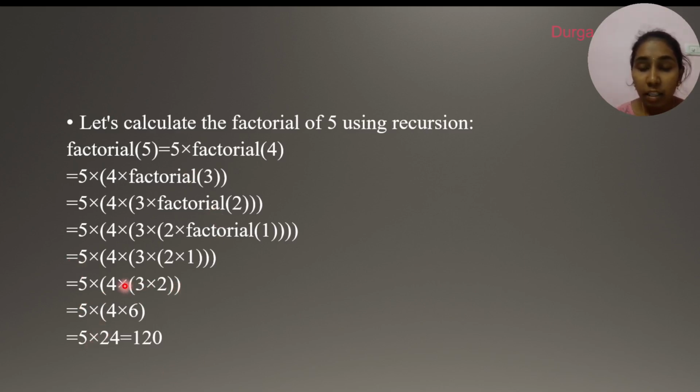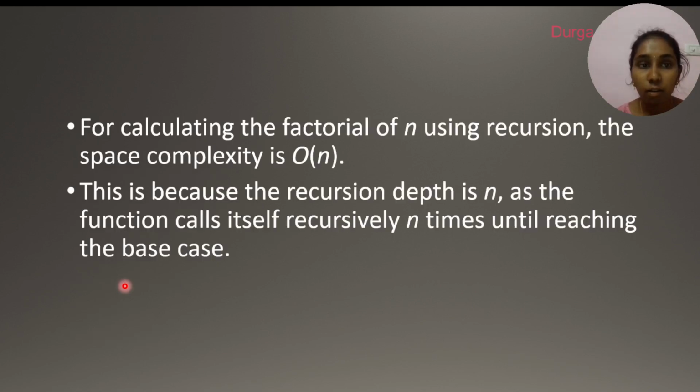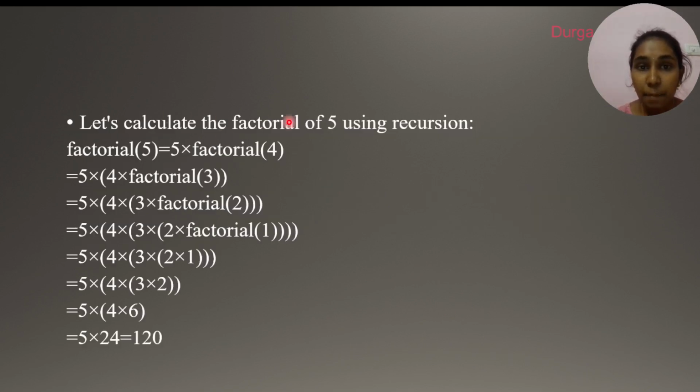So here we need to check the space complexity. For calculating the factorial of n using recursion, the space complexity is order of n. Remember this, if one statement is executing a number of times, the space depends upon the n value.